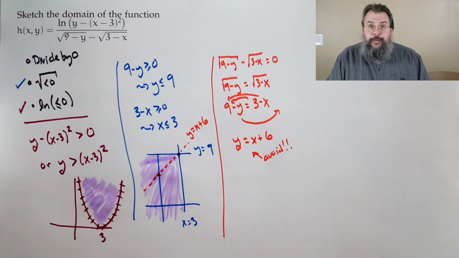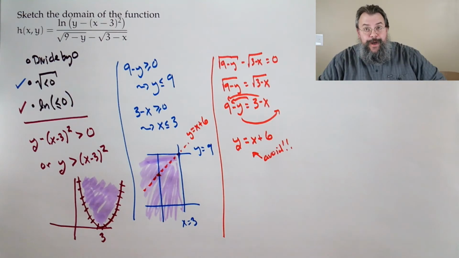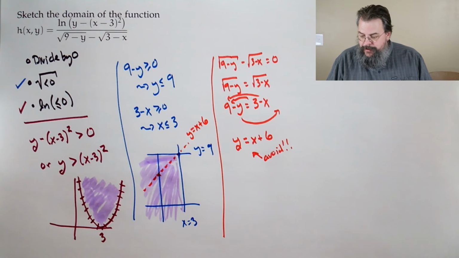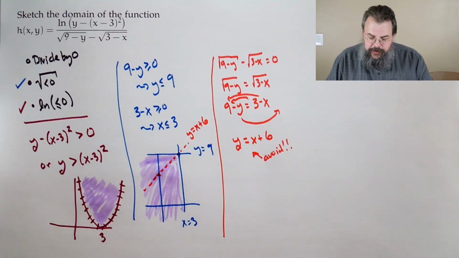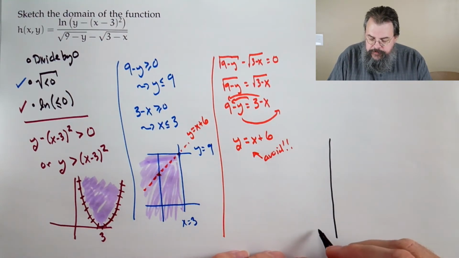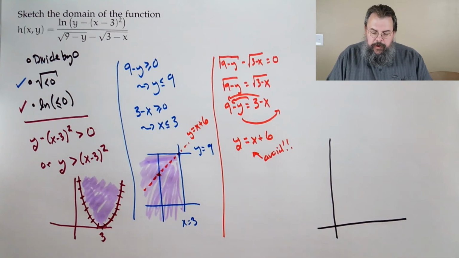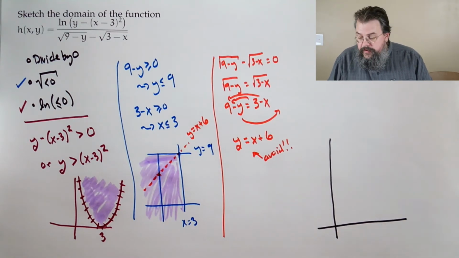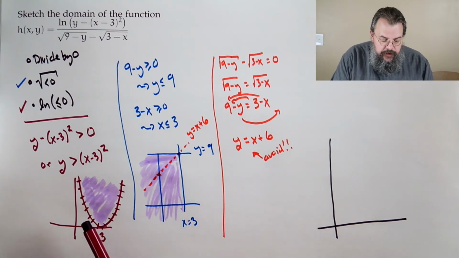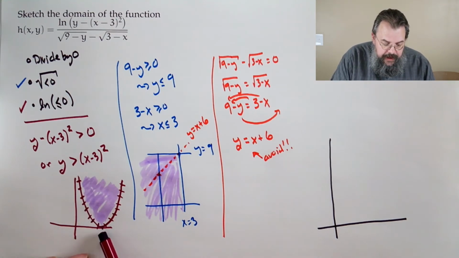All right. So what happens when we now take all of these and put them on top of each other? What do we see? Well, we're going to see the following picture. So we'll draw our grid, and we need to mark some lines here. Well, we have this parabola, x minus 3 squared.